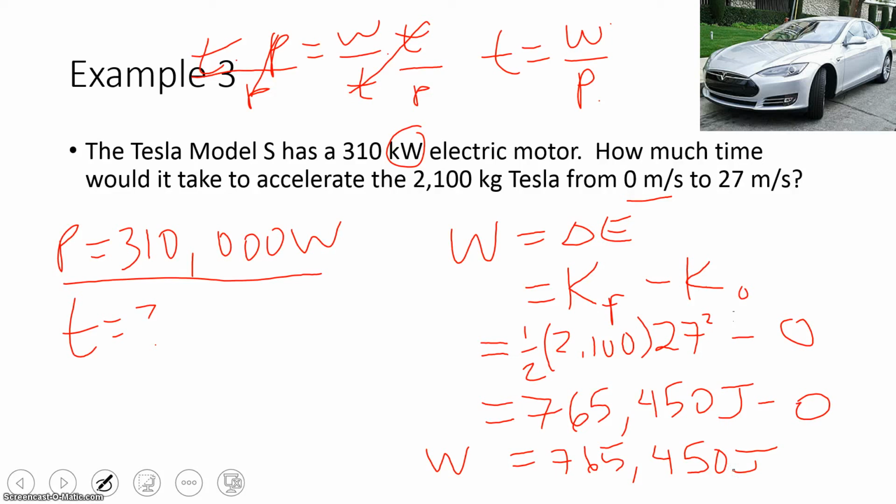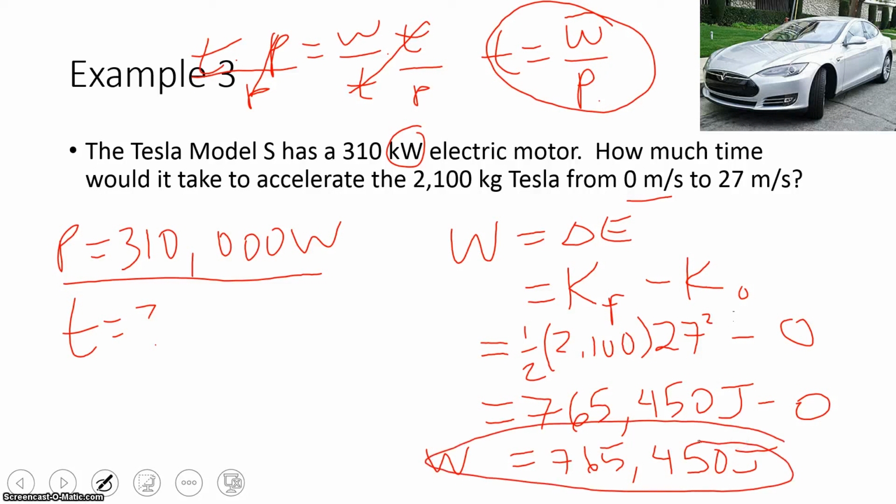Now to calculate the time that it would take, I just divide the work by the power. So time is work divided by power. That's the work right here. Divide that by the power, which is 310,000.